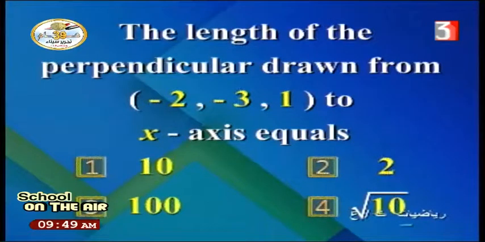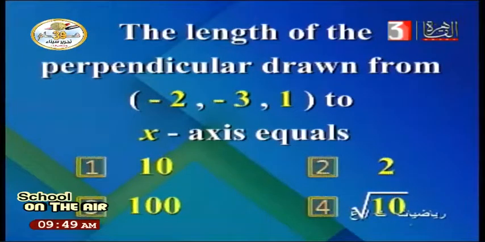To the yz plane, the distance is 2. But in this example, we need the length of the perpendicular drawn from the point to the x-axis. For the x-axis, we have the rule: square root of y squared plus z squared, negative 3 squared plus 1 squared.